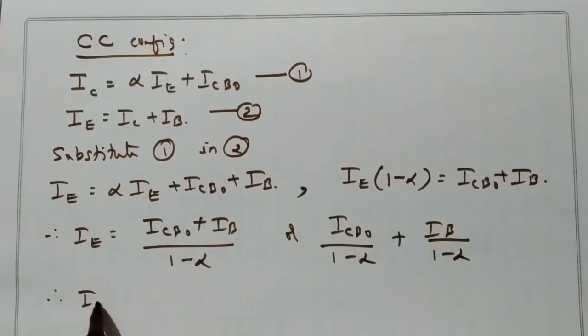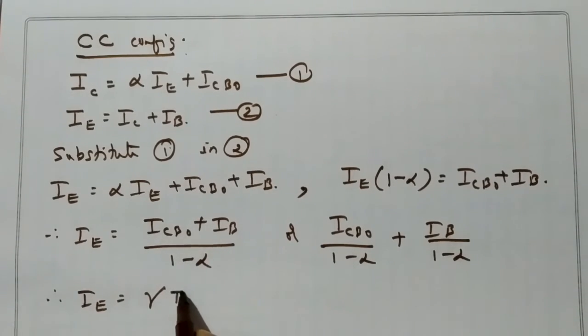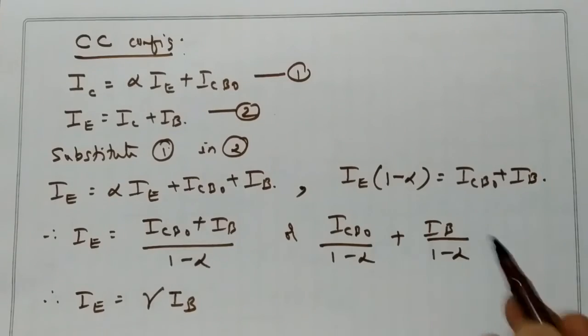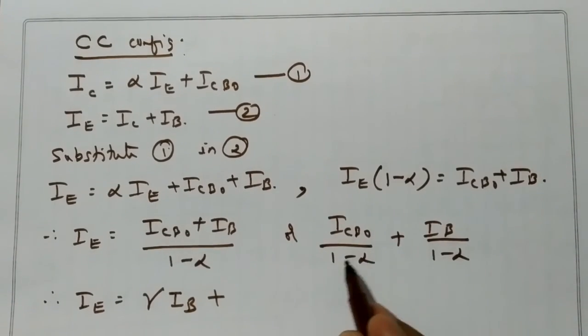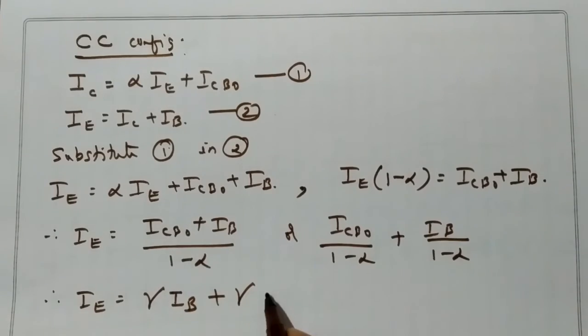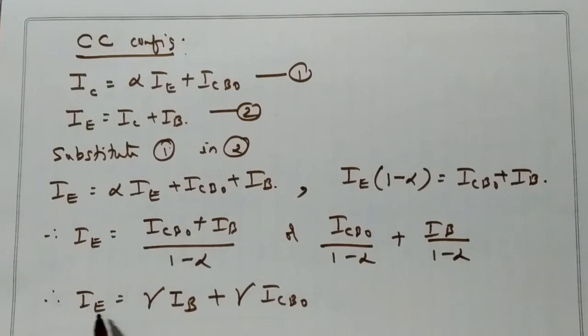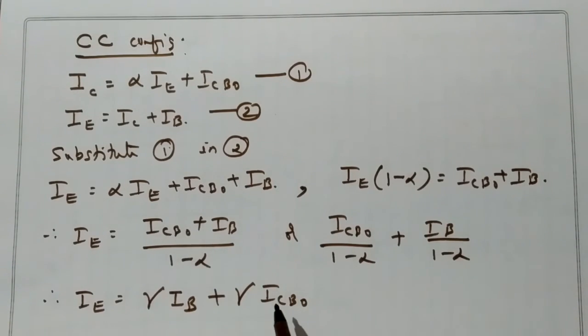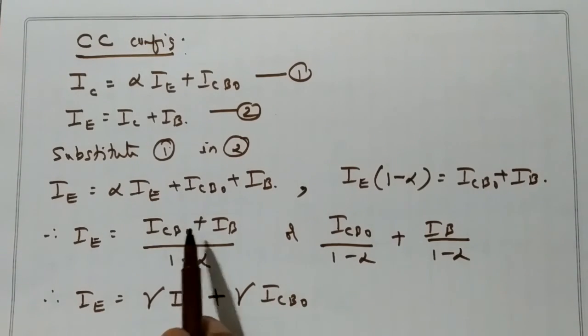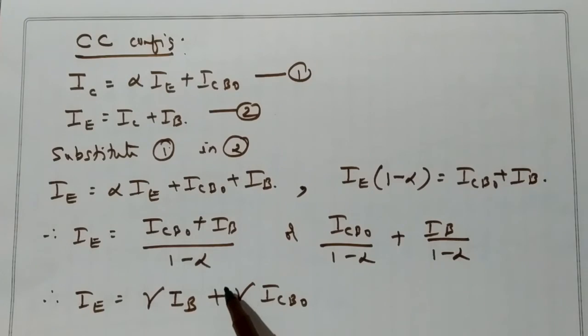Therefore, IE, that is the output current in CC configuration, that is equal to gamma into IB, plus again 1 divided by 1 minus alpha is gamma, into ICBO. So here also, this is the output current, this is the input current. IE is equal to gain times the input current plus the current due to the minority charge carriers. So these are the three output currents in common base, common emitter and common collector configurations.